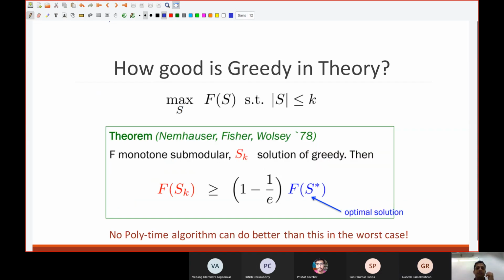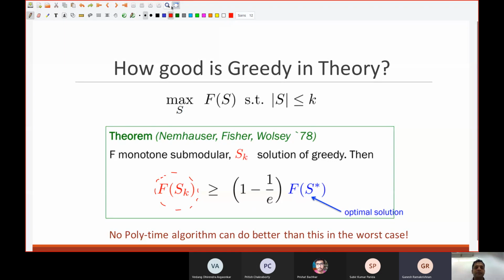But there's more to it. In theory also, greedy can be very good. And we're going to do this proof a little carefully. So it turns out that the function applied on the set obtained after k steps, Sk, is at least as good as 1 minus 1 over e times the function on the optimal set S star.